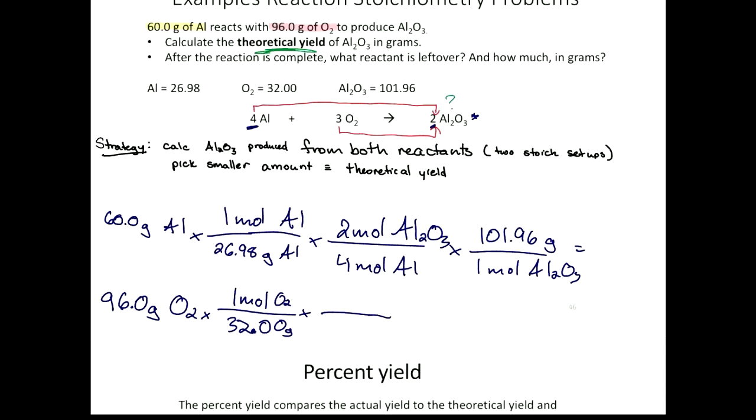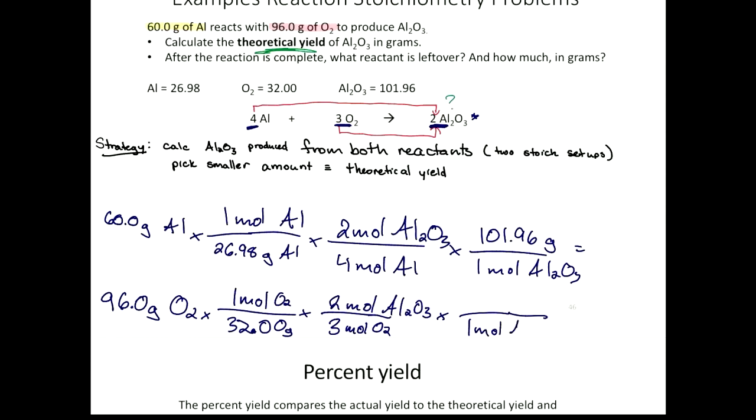And then we want to get to moles of our product, so use the correct ratio here, or the correct stoichiometry. It's a 3-to-2 ratio, so 3 moles of oxygen gas go on the bottom, 2 moles of my product go up top. And now it's the exact same as the previous setup. We're already in the unit of moles of product, so just multiply by its molar mass, which is given.